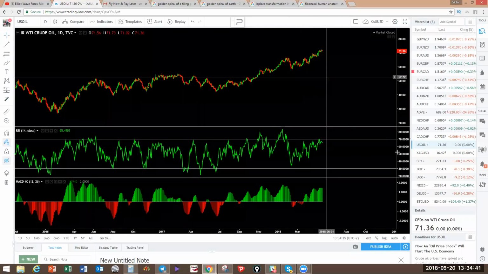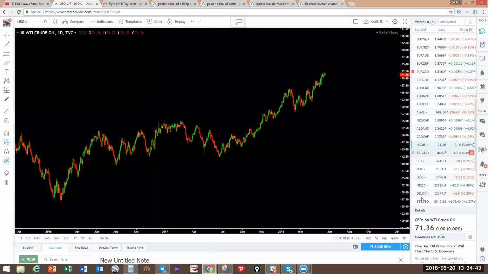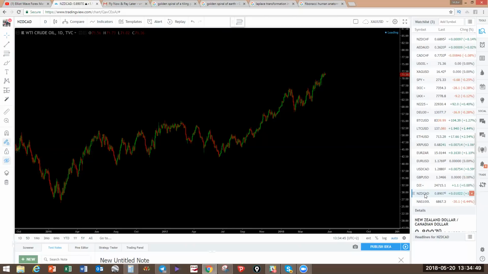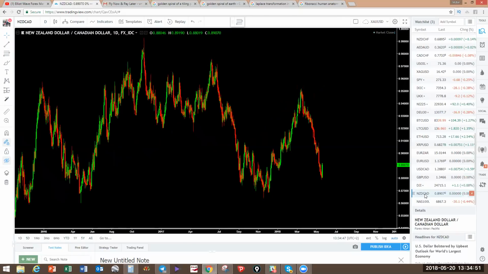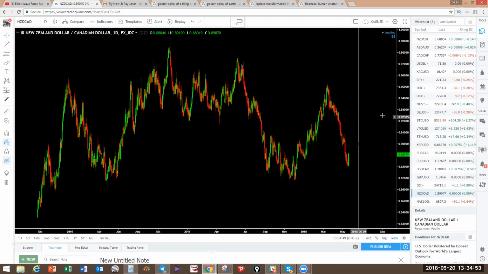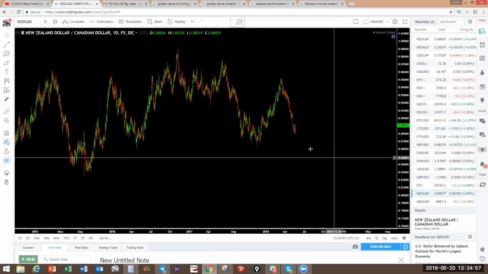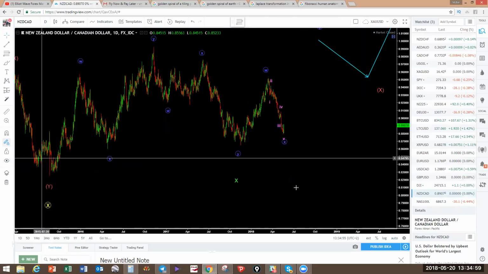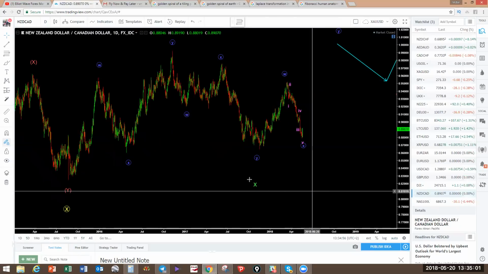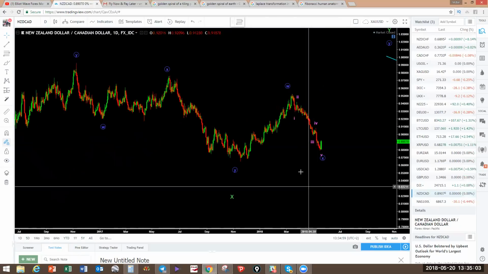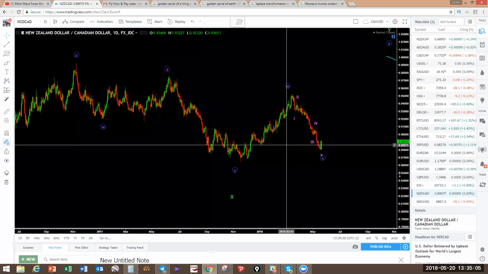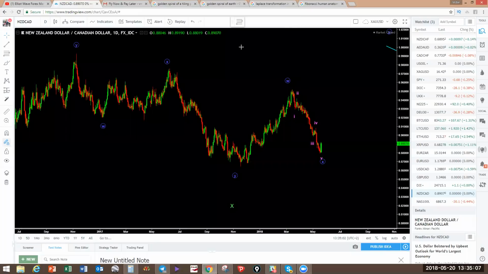Okay, and then New Zealand CAD, lastly. It looks like all the pairs with the CAD as the quoted pair have made a reversal.